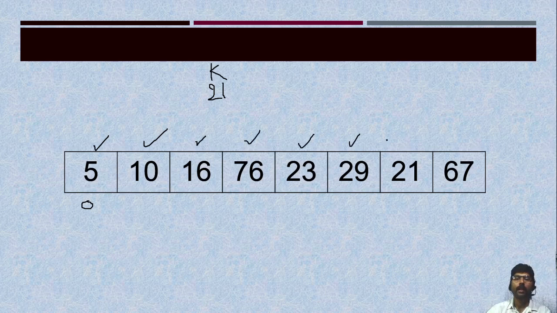Here it reaches 21, comparing 21 with 21, both match, so it will return the index value, that is 6, because the element K is located at 6. That is the way the sequential search works.